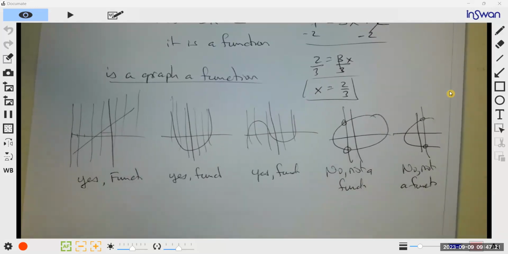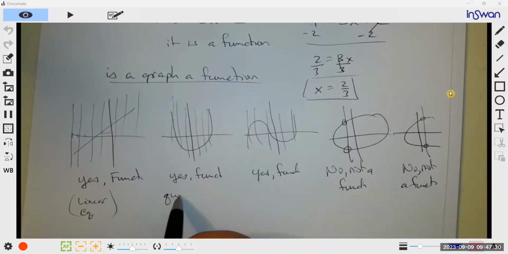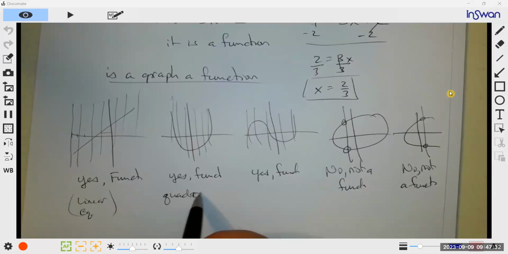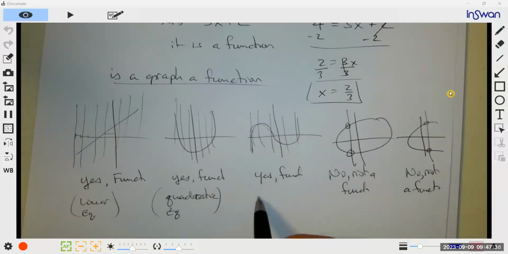These equations also have names. This is a linear equation. Quadratic equations. This one is a cubic equation.